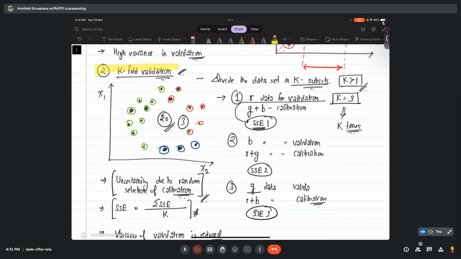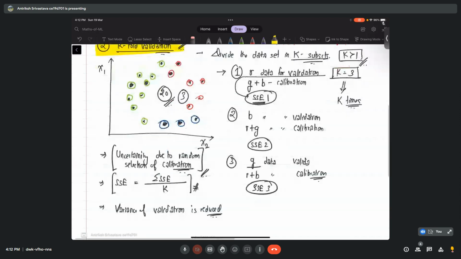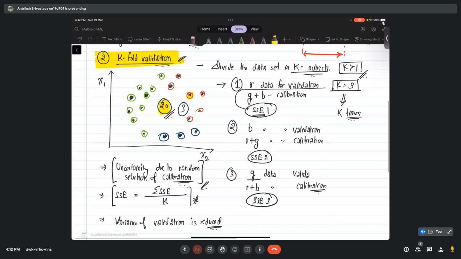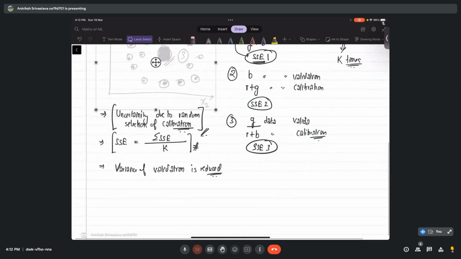So here if we had, let's say, 20, I divide my data set into 20 subsets. That means each point is a subset. So we can do that, and that is called LOOCV, leave one out cross validation. It means leave one out, use the others for calibration, and the one you left out, use that for the purpose of validation.